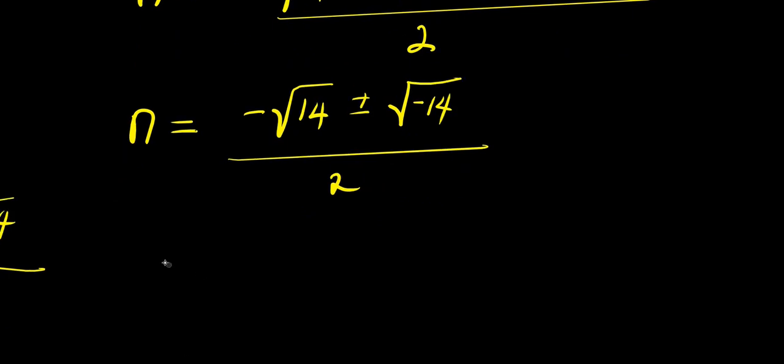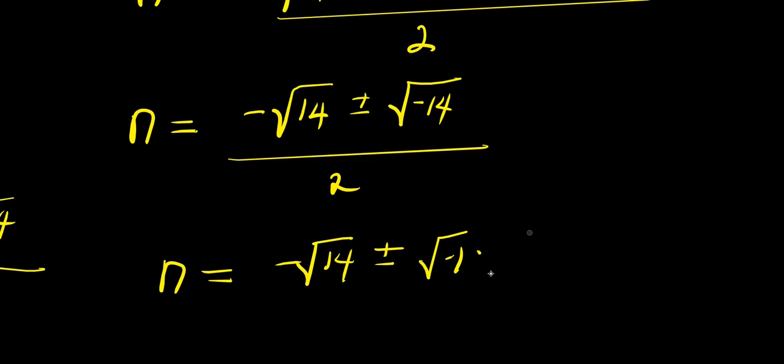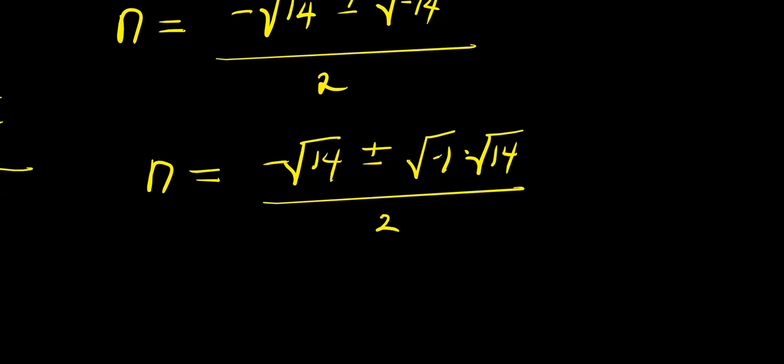So from here we have n equals negative root 14 plus or minus, this is square root of negative 1 times square root of 14, divided by 2. This is i.